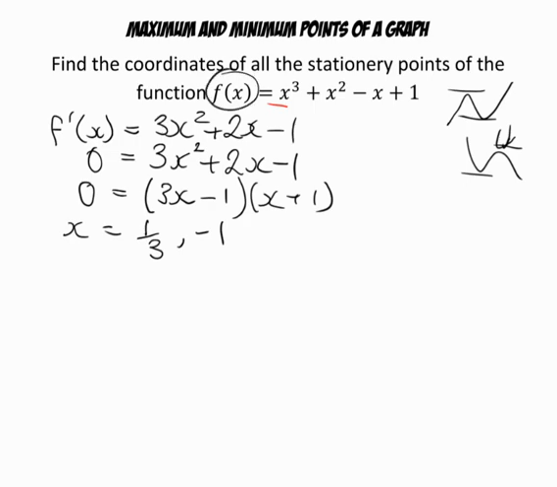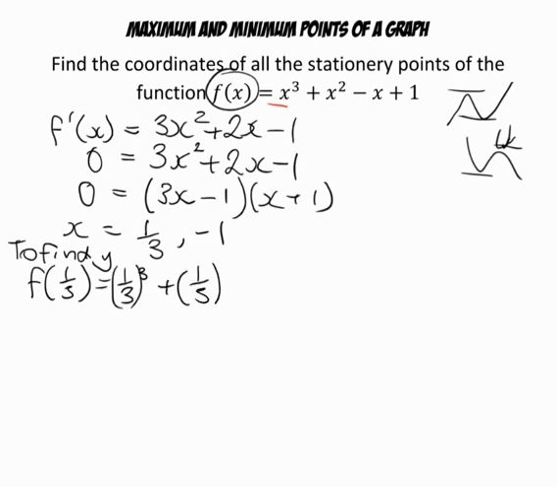So if we substitute both of those in, if we substitute a third in first, so that's the original equation, this is to find y. So a third to the power of 3 plus a third squared minus a third, and you'll find that equals 22 over 27.